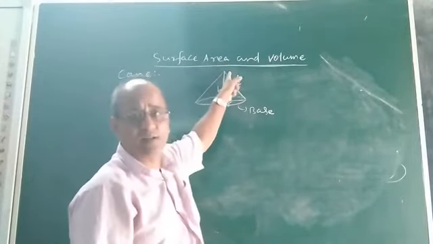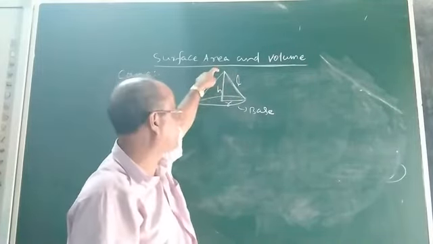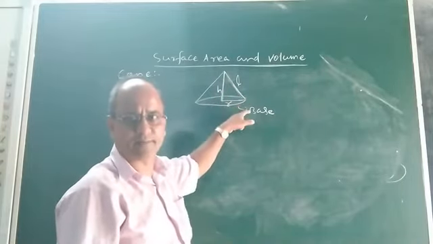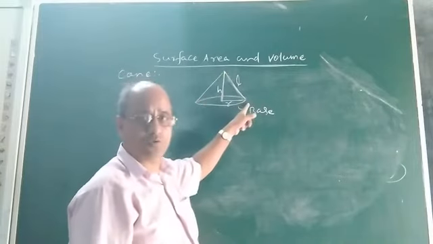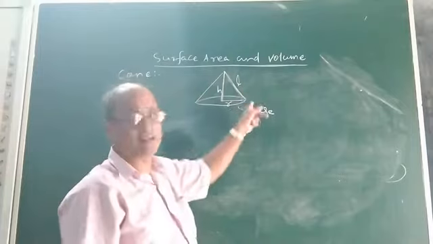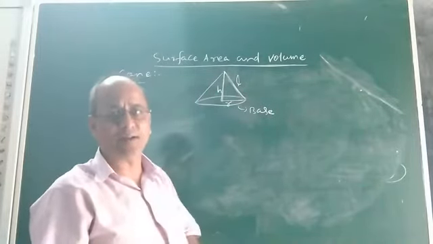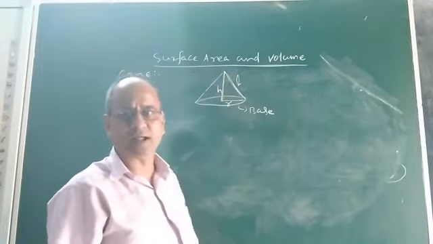Slant height is the line segment joining the vertex of the cone to any point on the circular edge of the base. So there are two heights in a cone: one is the vertical height and the other is the slant height.